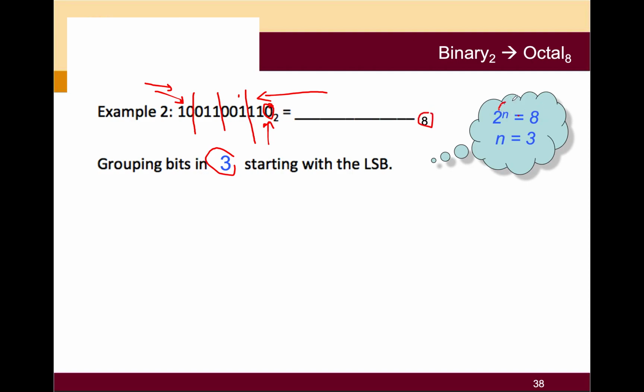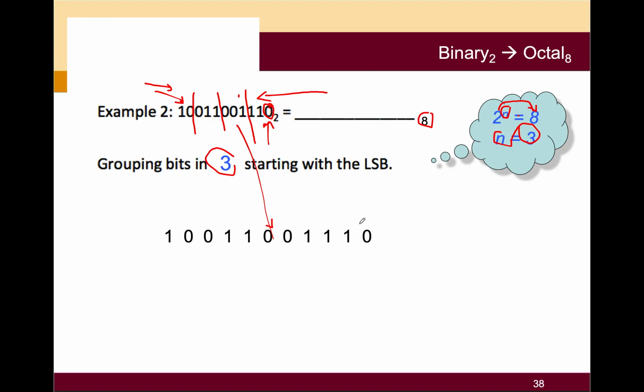If you want to convert binary to octal, you need n to the power of 3, so you need to remember 3 from binary to octal. Now you can see similar numbers over here.